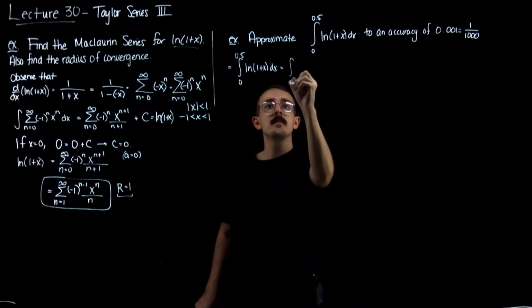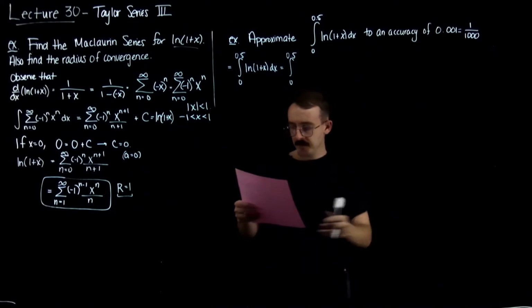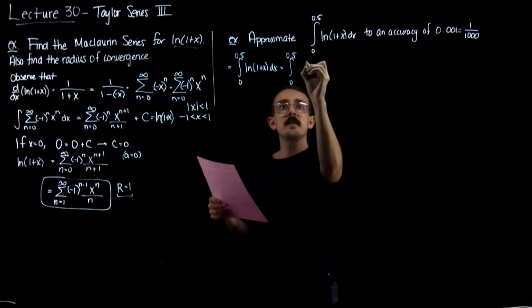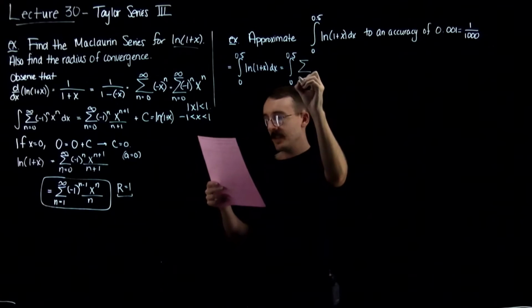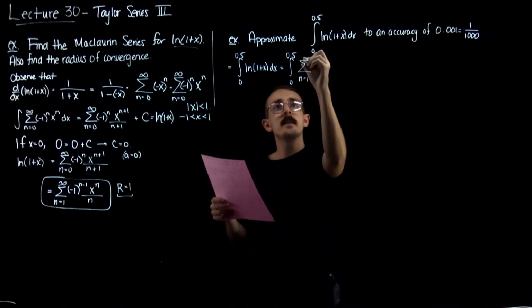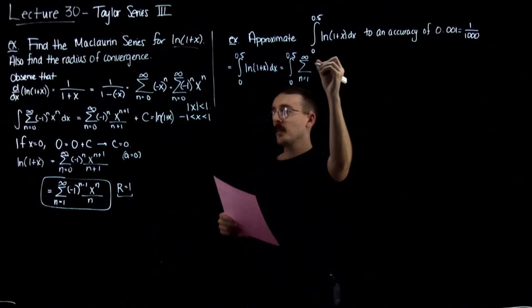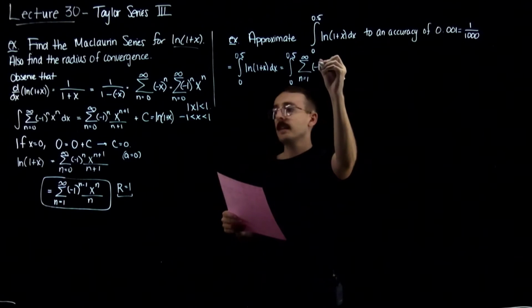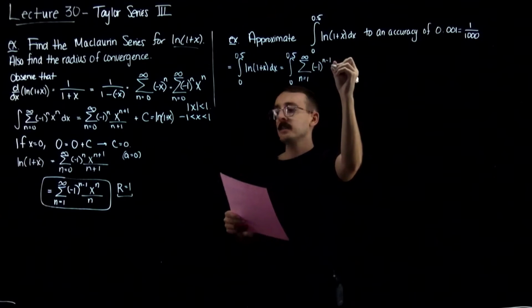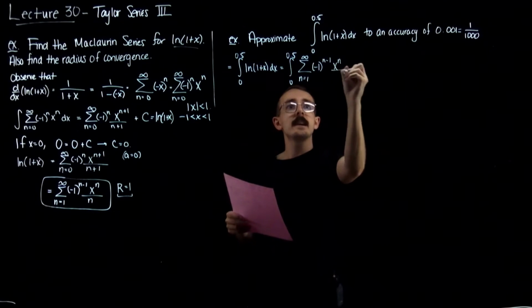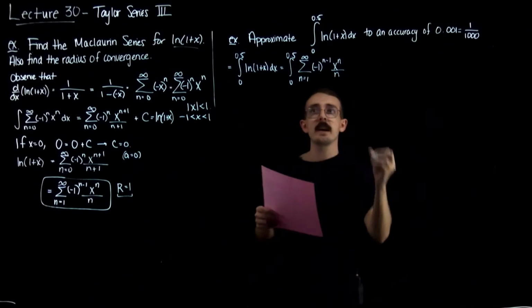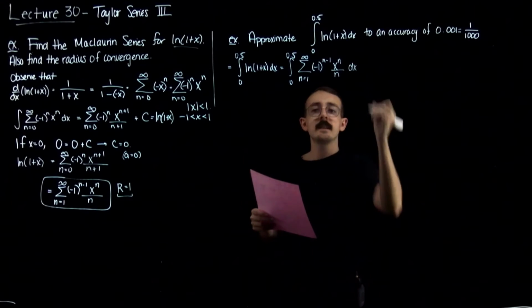So this is the integral from 0 to 0.5, and I'm going to fill in my series: n equals 1 to infinity, negative 1 to the n minus 1, x to the n divided by n, and then dx.